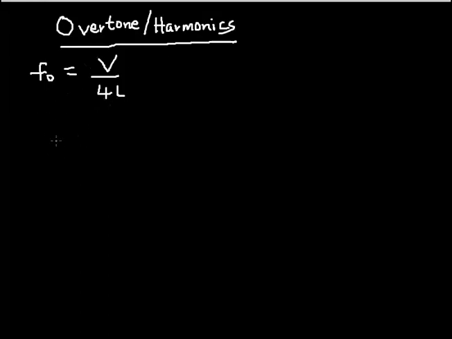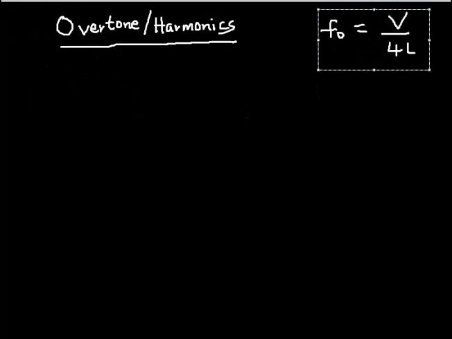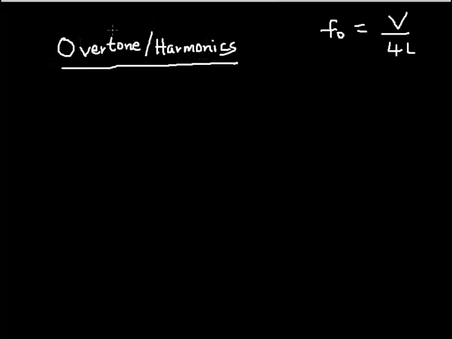After the fundamental, this is the fundamental quite well. Let me take it away from here. What we have is the fundamental. So now the overtones are the multiples. For a closed pipe, the overtones are always odd multiples of the fundamental frequency.